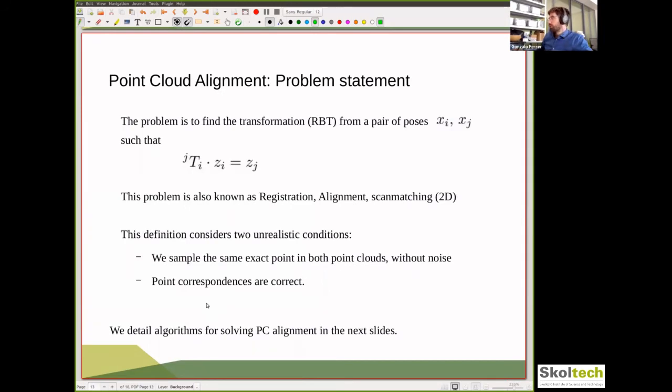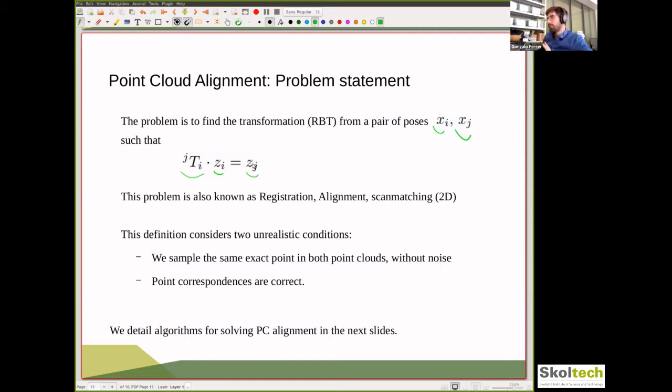One of the most straightforward ways of doing this is we get from these two poses a pair of point clouds, let's say Z_i and Z_j. And the question is, you know that you have moved. You don't know the value of each of these two poses, but you know that there's a transformation that transforms all these points equally to the other points on the point cloud.